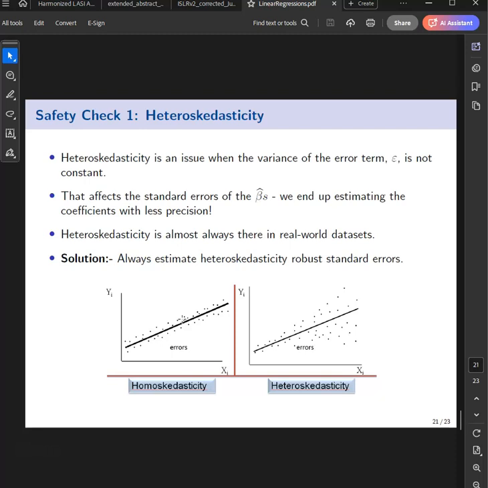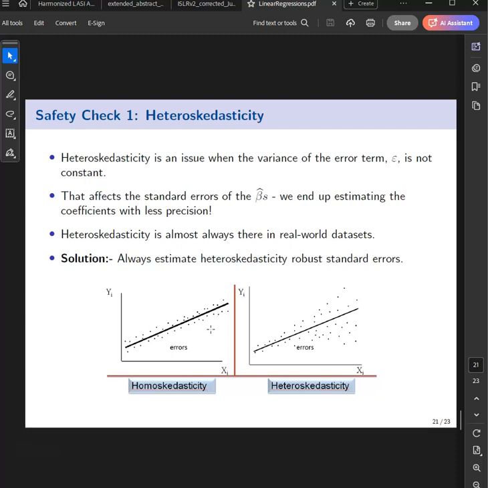The reason why we care about heteroscedasticity is because it doesn't affect the point estimates. So the betas that you get, the estimated associations, they don't change, but the standard errors take a hit. Which means that if you have data with potential heteroscedasticity, and you don't account for that, you will end up with less precise estimates of your association and will potentially make incorrect conclusions about which variables are significant.